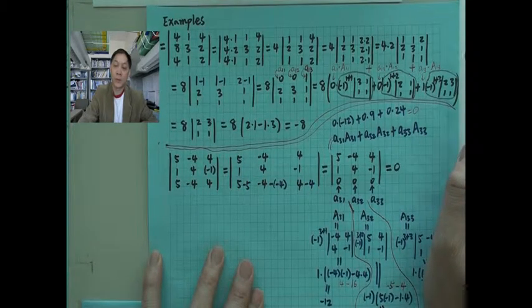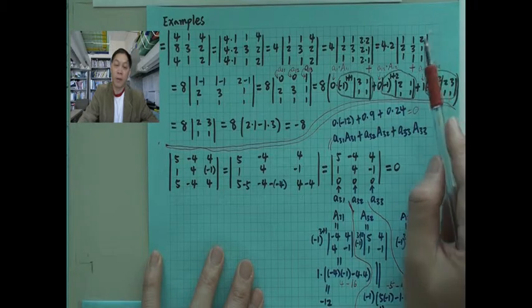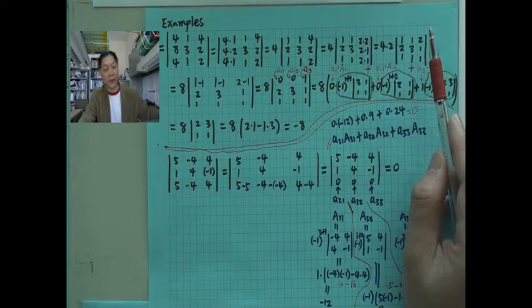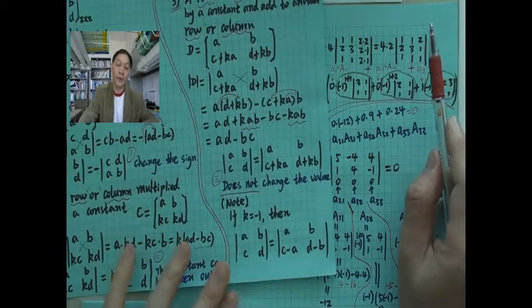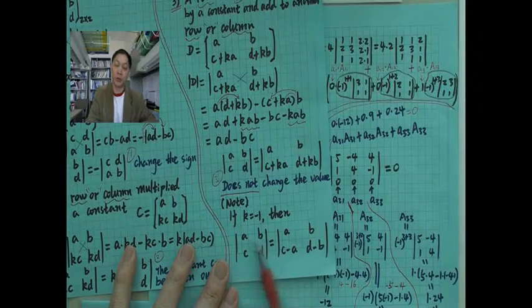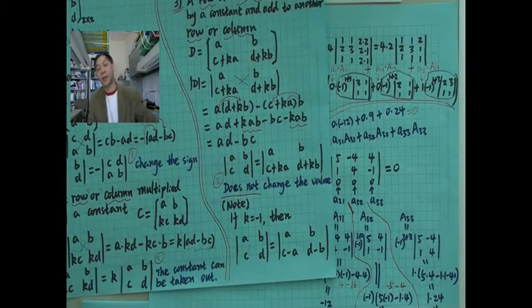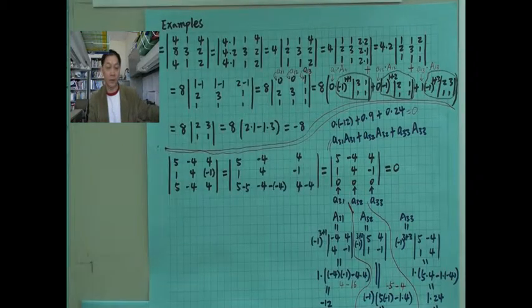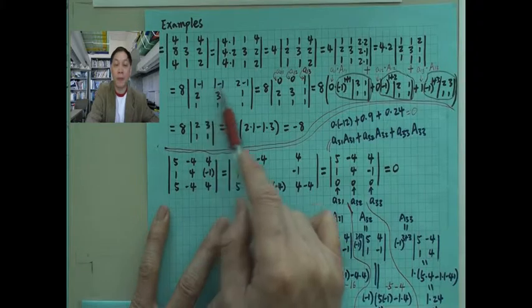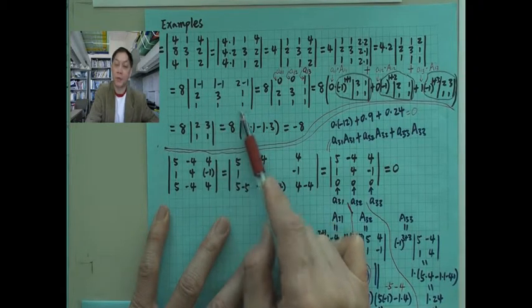Now, look. Previously we had this property right here: row 1 minus row 3 gives you the same determinant. It applies here.